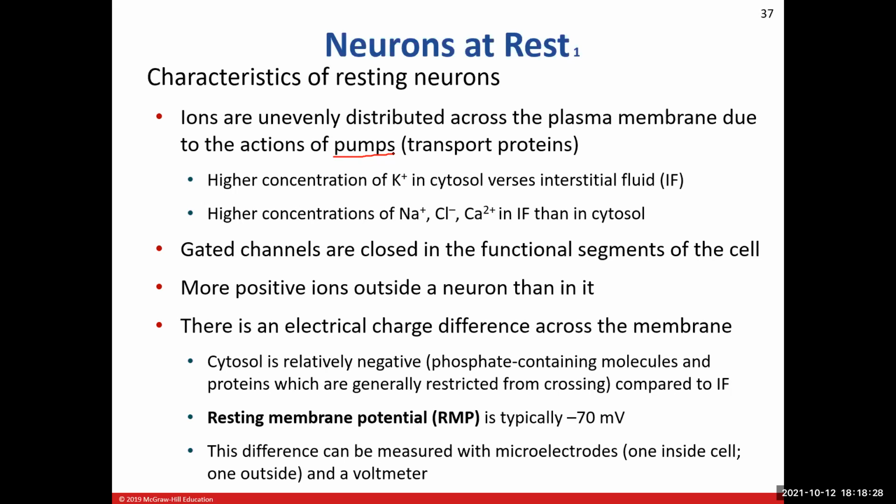On the inside of the cell, we do have a cation, potassium, but we have phosphate ions that are negatively charged and our proteins that are negatively charged. They're going to contribute much more negative charge than the potassium ions inside the cell. One for one, they cancel each other out: one positive charge cancels out a negative charge. So there are more negative charges left over after they cancel out all the positive charges.